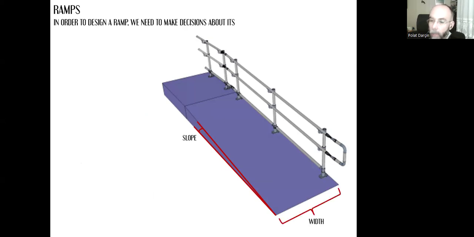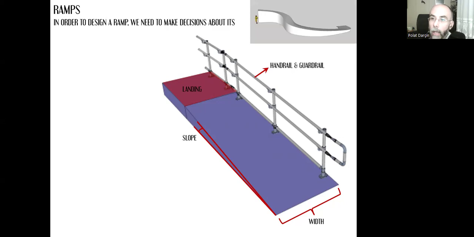Then the width: just like the width of the flight of stairs, we have the width of the ramp. We need to decide if we need a landing or not. If so, we need to make decisions about the sizes of the landing. A handrail and/or guardrail may be required. And the form of the ramp: we can have different geometrical forms.